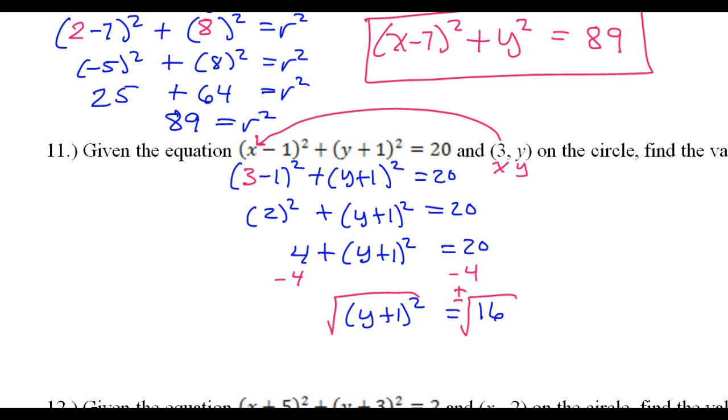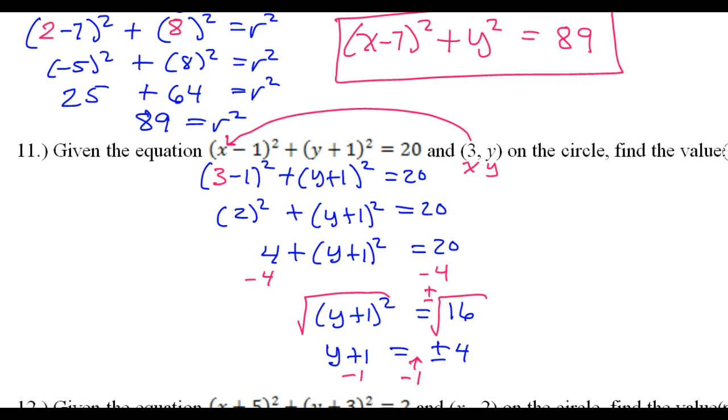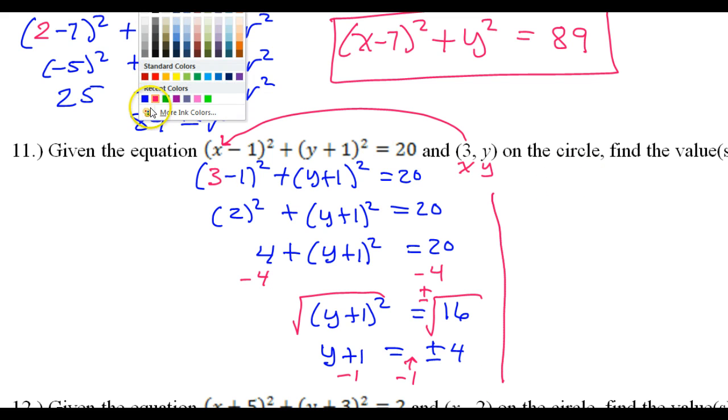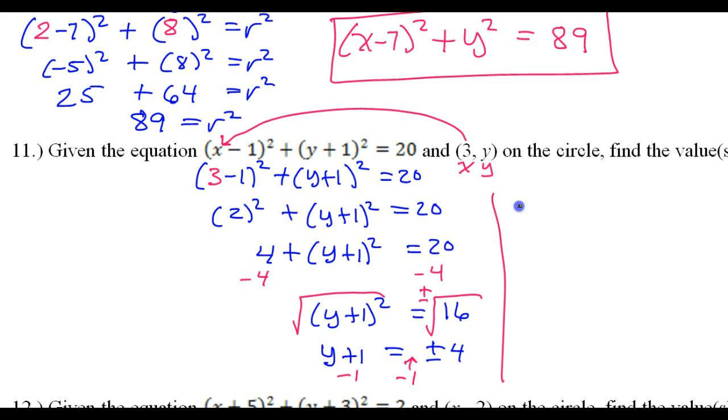Okay, so that's going to give us y plus 1, the radical unsquares this, is equal to plus or minus 4. So the last step, well, it's almost the last step, we will subtract 1 from both sides, putting this negative 1 in the front. Okay, so now I'm going to bring this up over here. So we're trying to find y, and we're almost there.